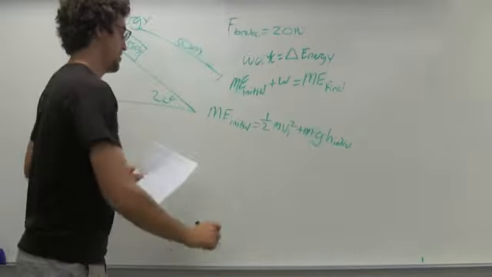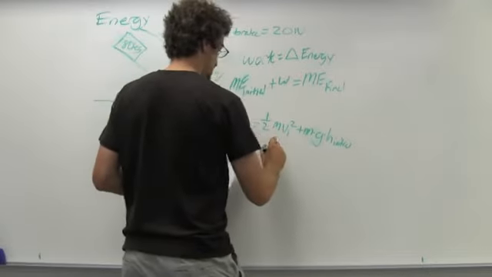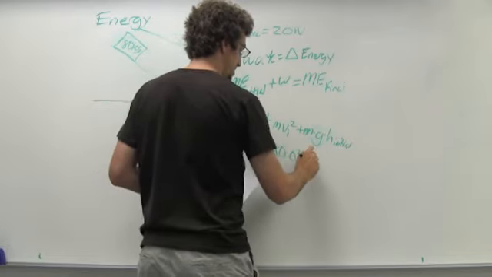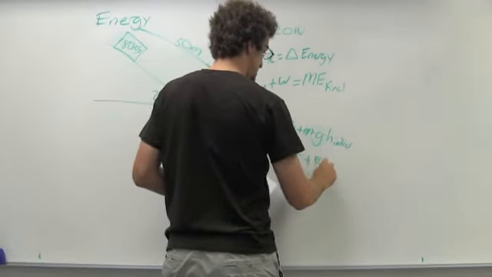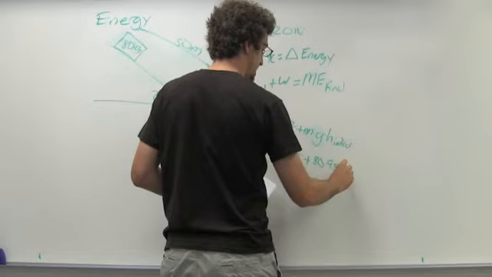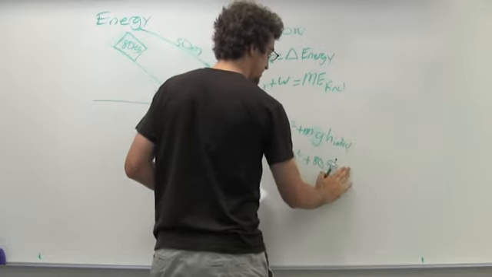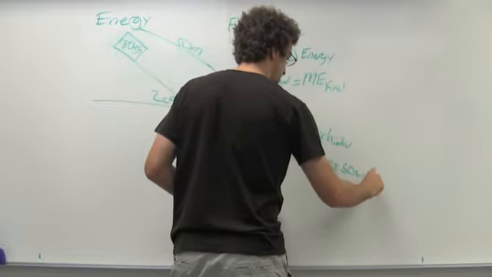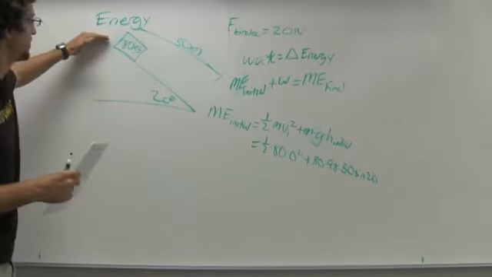And that's going to come out to be 1/2 times 80 times 0 squared plus 80 times 9.8 times 50 sine of 20.